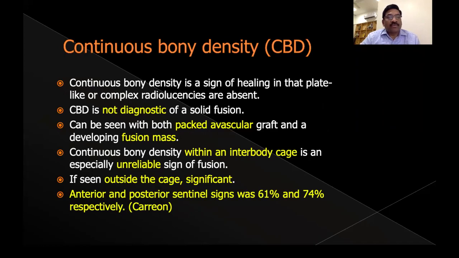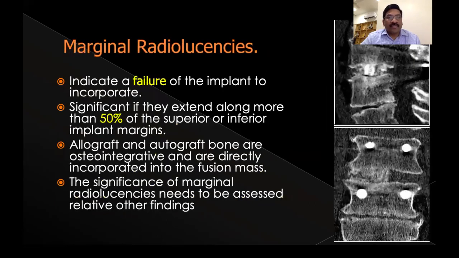They are similar to the anterior and posterior sentinel signs, which have 61 to 74% accuracy when they are present. The marginal radiolucencies indicate the failure of the fusion, a failure of the implant to incorporate in the interbody. At least 50% of the surface should be involved to label it as a failure of fusion.